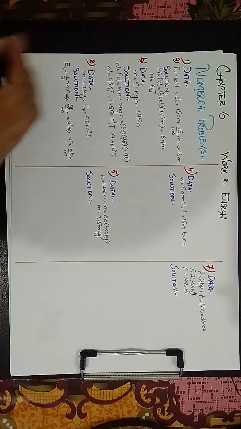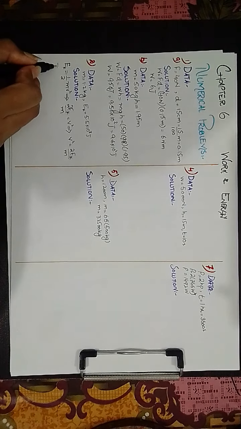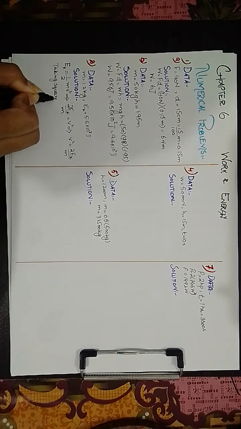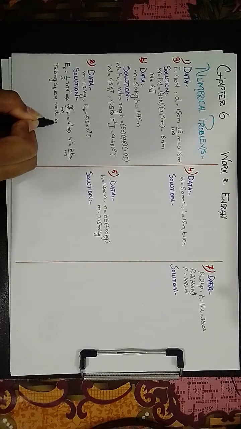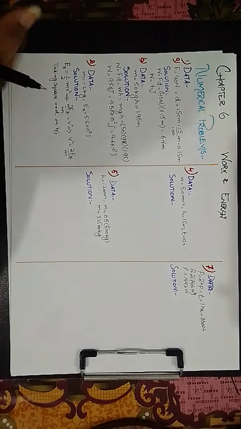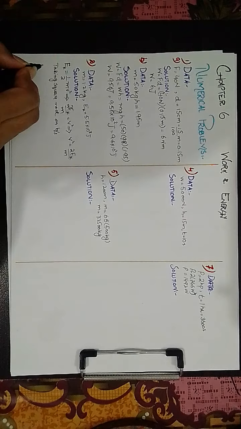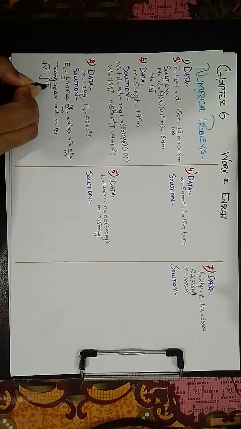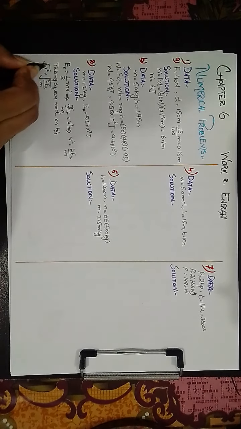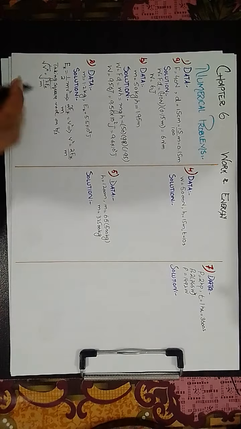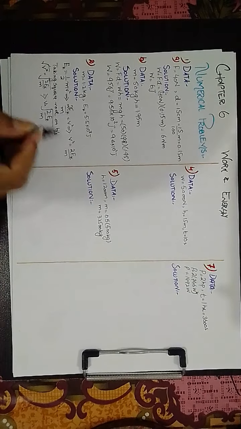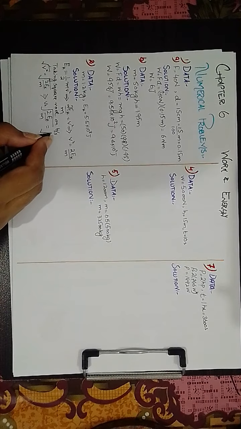If we take under root on both sides, taking square root on both sides, we will get v equals the square root of 2Ek by m. The square of the v gets cancelled out by under root.